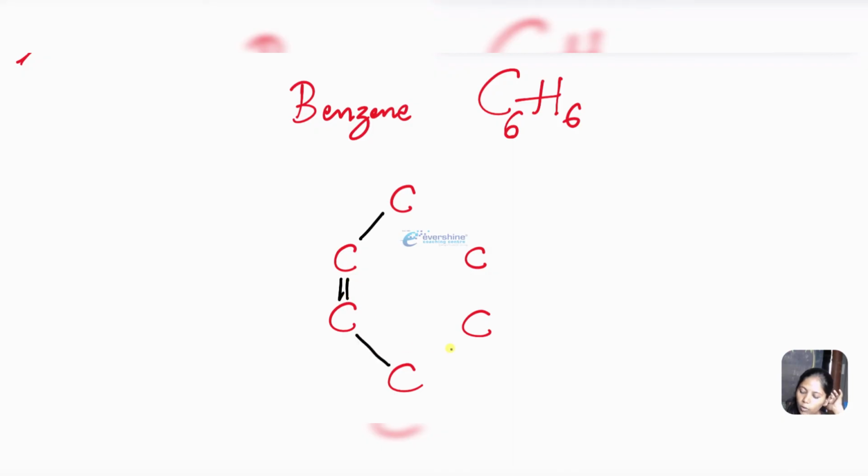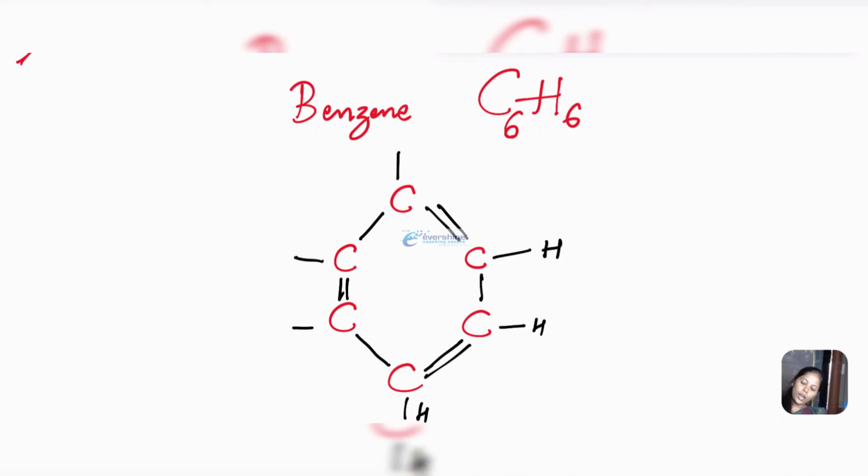Write 6 carbons in a cyclic manner with alternate single and double bonds: single bond, double bond, single bond, double bond, single bond, double bond. All carbons should have 4 bonds, so you write the 4 bonds and the rest you write hydrogen. So this is the structure of benzene.